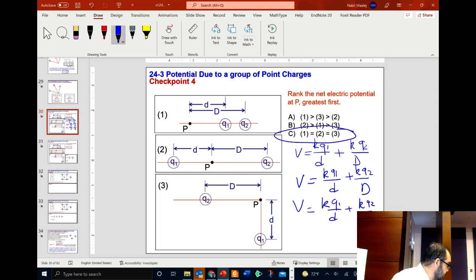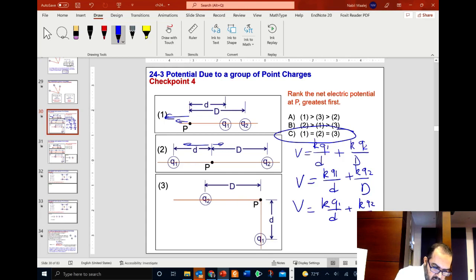Notice it's different from the electric field. When we had the question of the electric field, clearly they were not the same. The magnitude of the electric field was not the same in these 3 situations. If these are 2 positive charges, the electric fields add here, and here they subtract, so the magnitude is less than in this one.